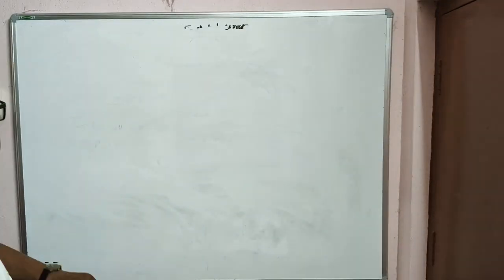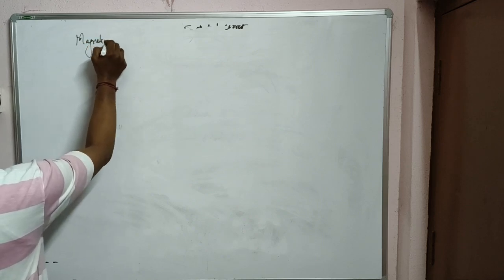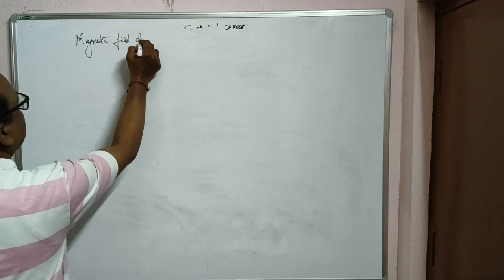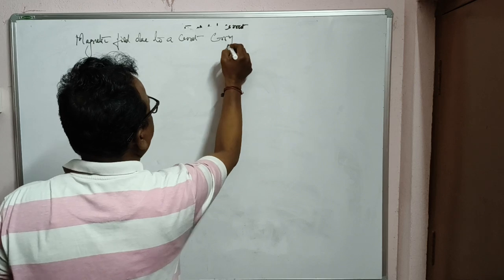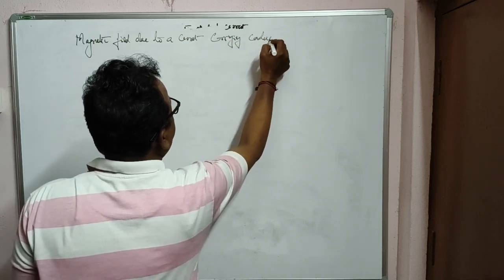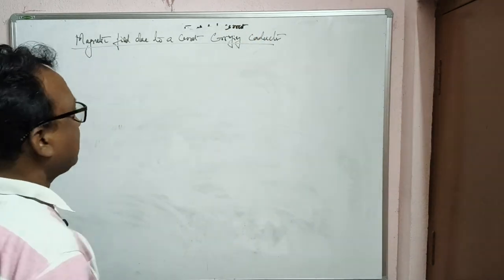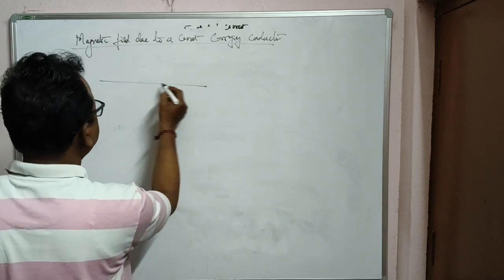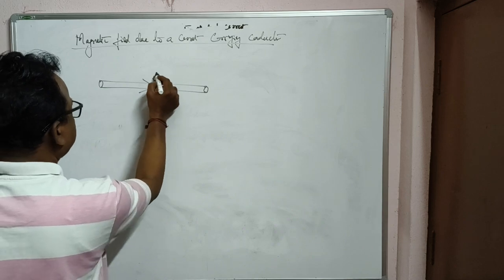Next one, magnetic field due to a current carrying conductor. Another important thing I want to discuss, from Oersted's experiments. Suppose you take a conductor, for example this one, and the current is flowing like this.